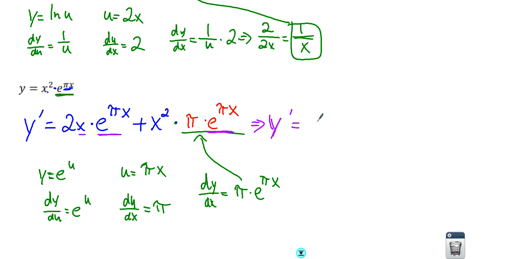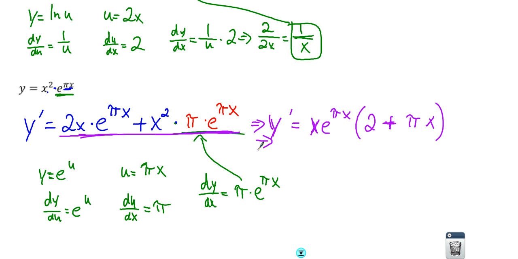So it would not shock me if they rewrote the answer like this, where they pulled out their greatest common factor. Okay, but on a multiple choice, obviously if you could get to this part right here, then you'd be able to figure out that that is the answer. But yes, this is the derivative right there.